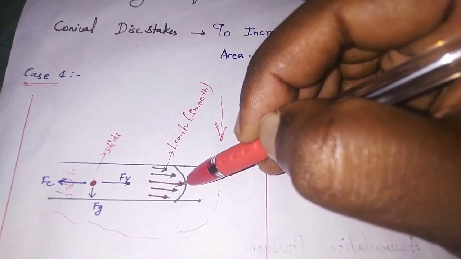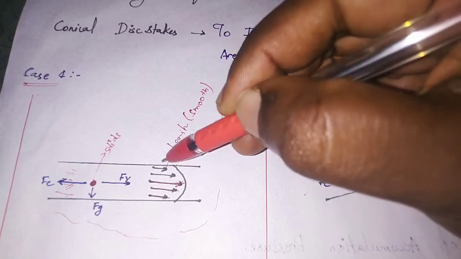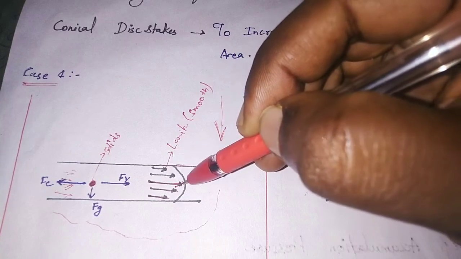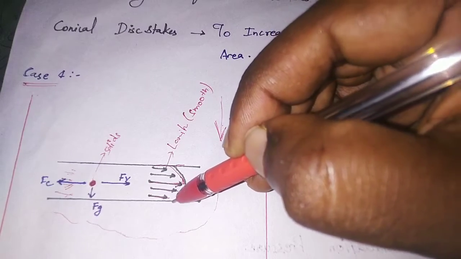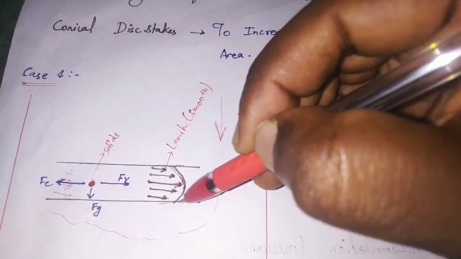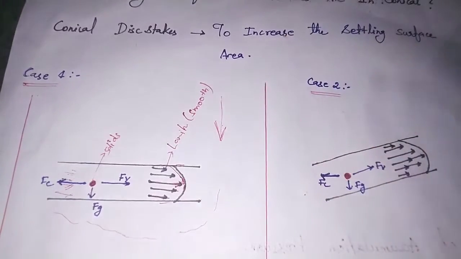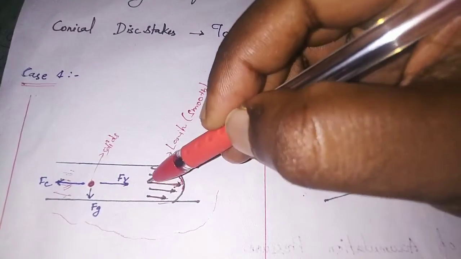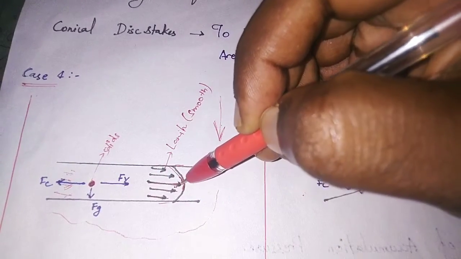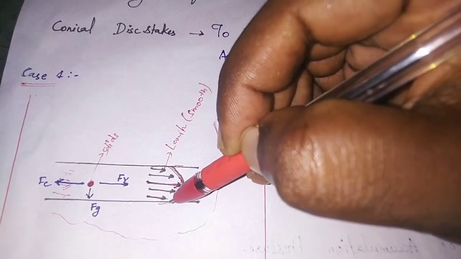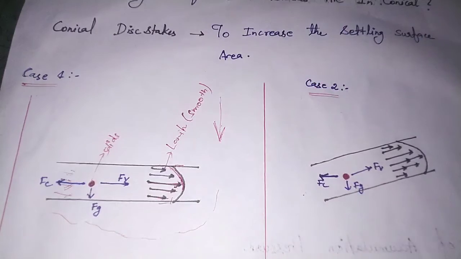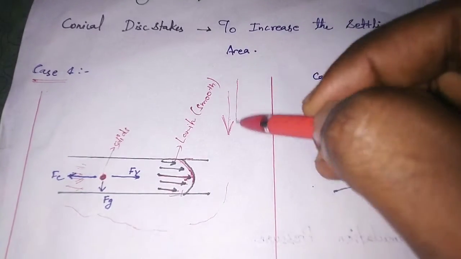From the center to the upper conical plate, the velocity is reduced, and the same toward the lower plate. Only the center molecules have the higher velocity, and from there the velocity gradually reduces. This is the center line of the purifier.